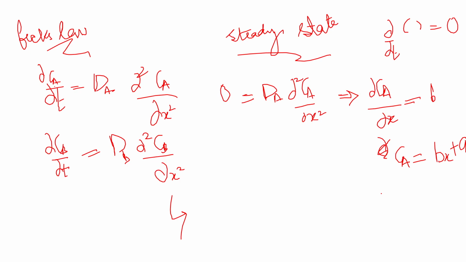What is x here? x is the position. I'll draw that you have an electrode and an electrolyte. Here the concentration is CA bulk, and as I move towards the surface, it becomes CAS.